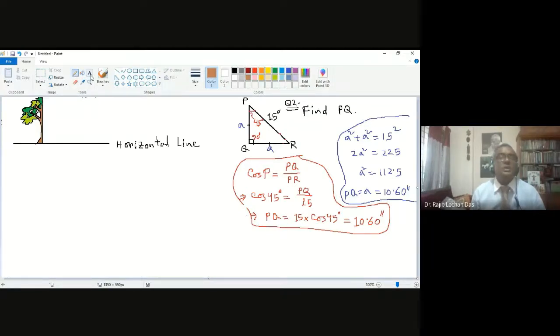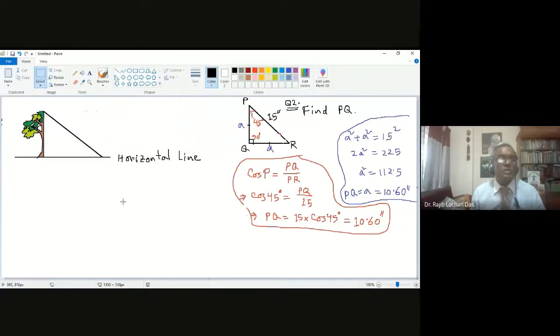You got my point? If you think about a line like this, then you can say angle of elevation, because the person is seeing something from bottom to up.